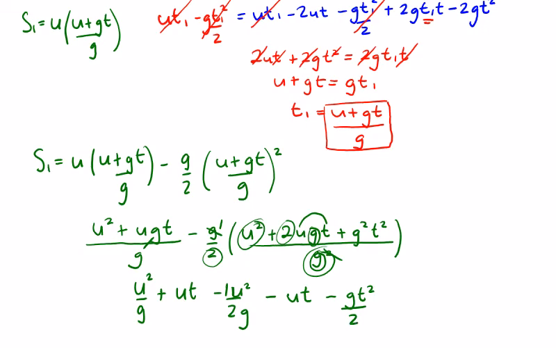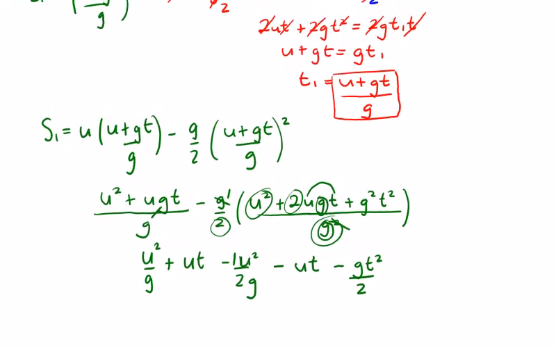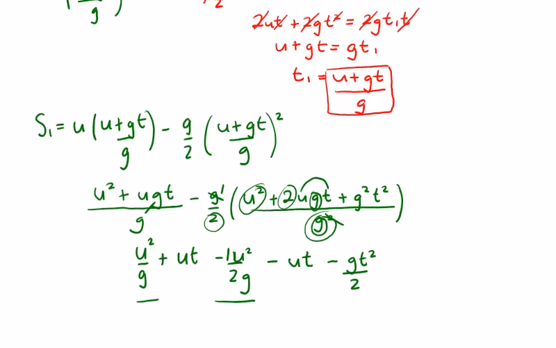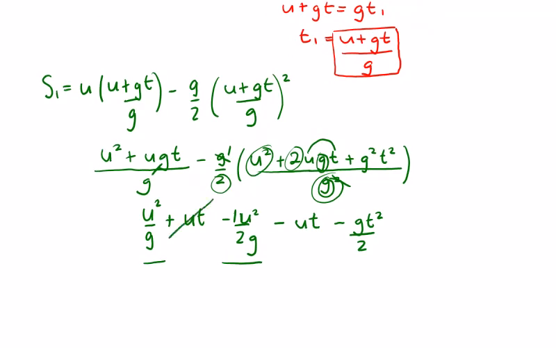So do we have commonality here? We have u squared over g, and we have a half u squared over g, so that's just going to leave a half of them. The uts will cancel, so we're left with u squared over 2g, or a half u squared over g, minus gt squared over 2.